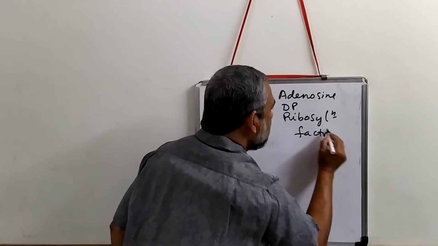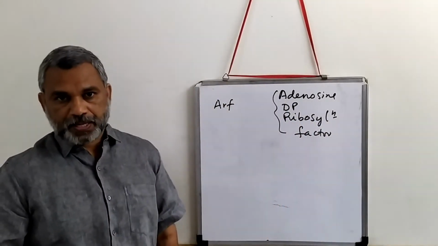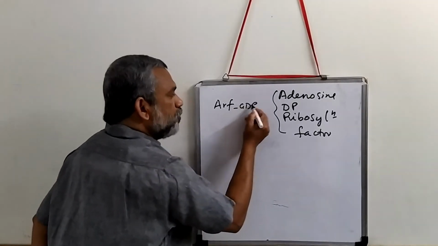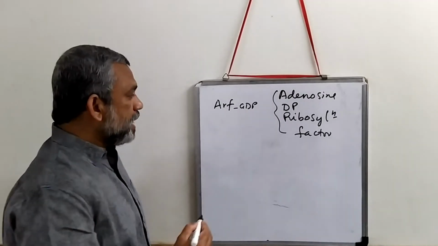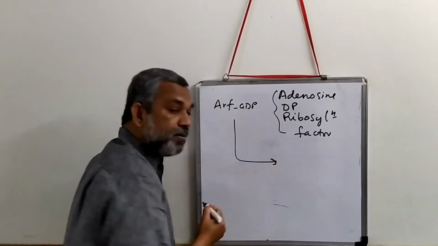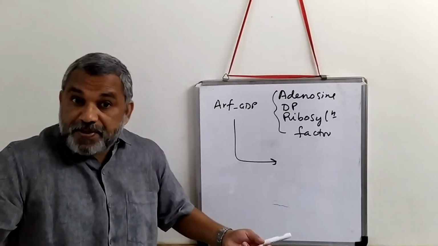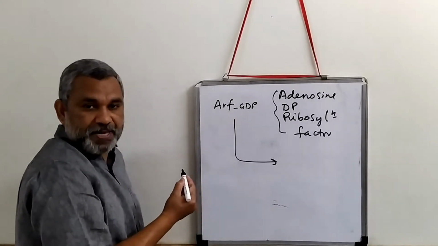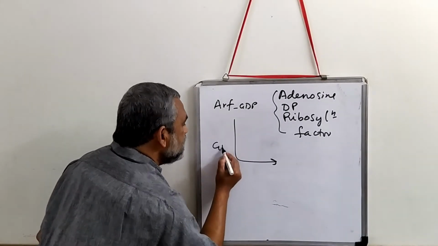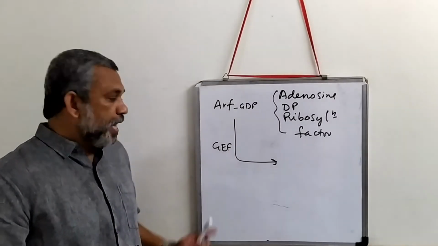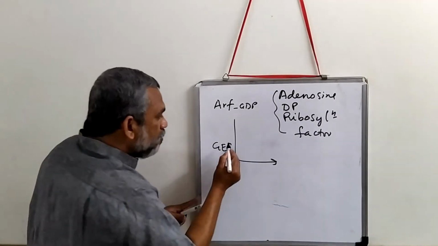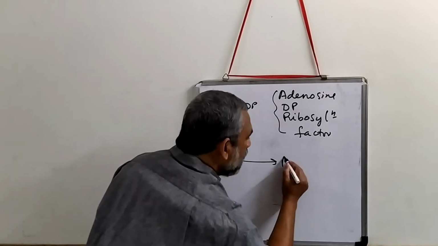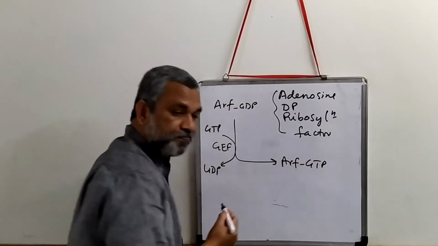Now in the first step, in the cytoplasm, it is always bound to a GDP molecule. So this protein is acted upon by a GEF protein, very specifically ARF GEF. It will add a GTP and the GDP is removed, and you have ARF GTP.